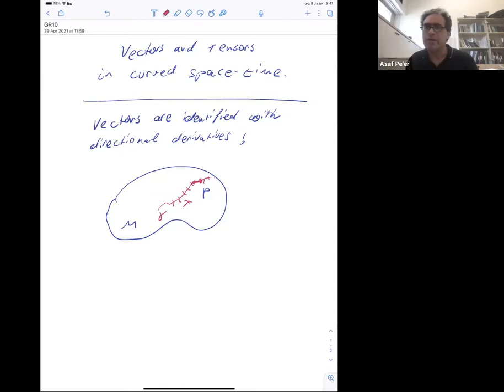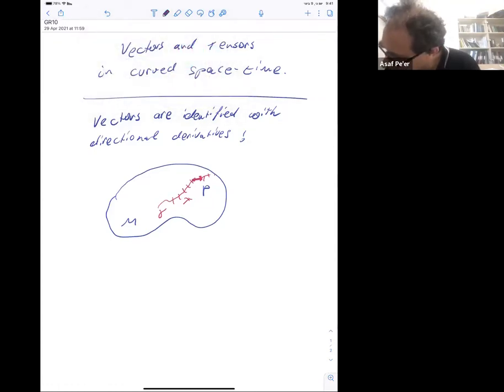Here we have a directional derivative: we're not selecting a coordinate, but a curve, and we're looking at how a function f changes from the point P to another point next to it along this curve, lambda, right?